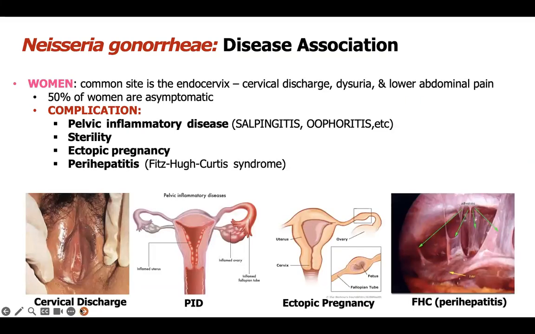Now, for women, okay, for women, ang common site is syempre yung endocervix. Kaya patago. Okay? So, nanonotice na lang na merong cervical discharge na yellow, may amoy, sometimes may dysuria, masakit umihi, no? Or makate. Okay? And usually yung lower abdominal pain is common.